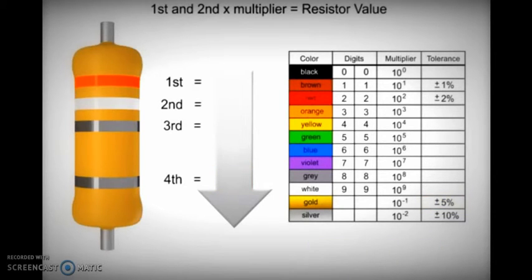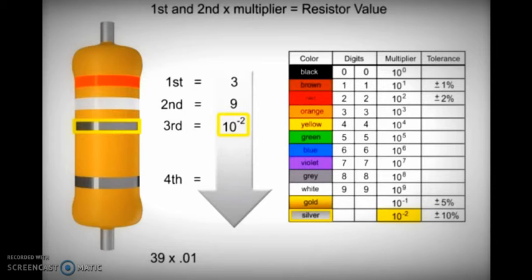Now, as a second example, the first band here is orange, so the value is 3, and the second band here is white. White is indicated by a digit 9, so the second value is 9. The third band is silver, which is a multiplier in this case, so it will take a value of 10 power minus 2.